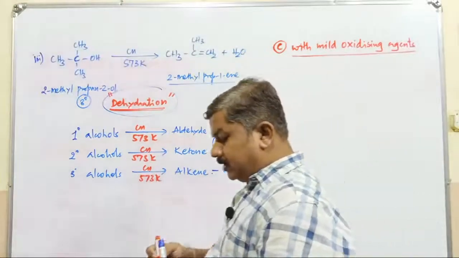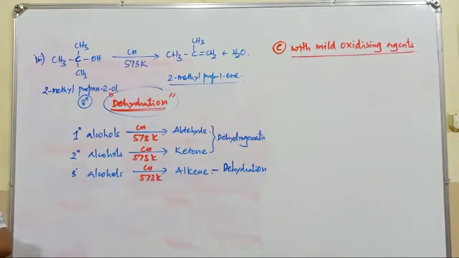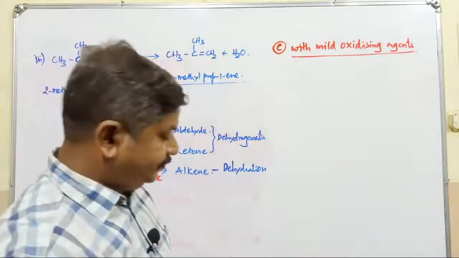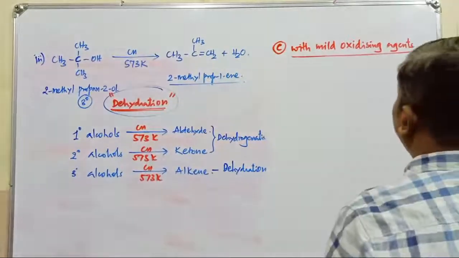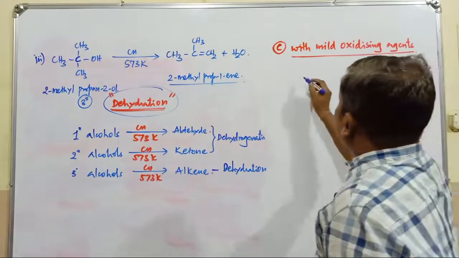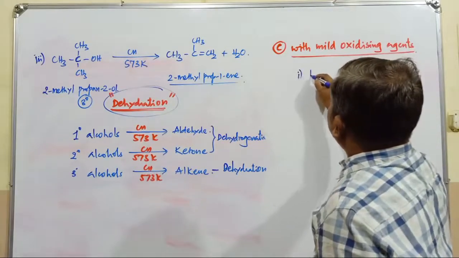Which compound is obtained in presence of mild oxidizing agents? What are the different types of mild oxidizing agents, students, here?